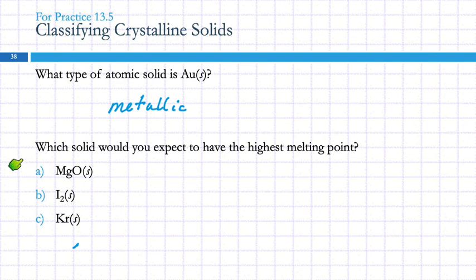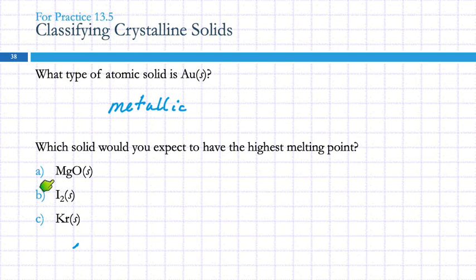Here's another question along those lines. Which of these solids would you expect to have the highest melting point? Well, what's holding these units together? This is an ionic compound, and so its solid is going to have alternating ions held together by ionic bonds.